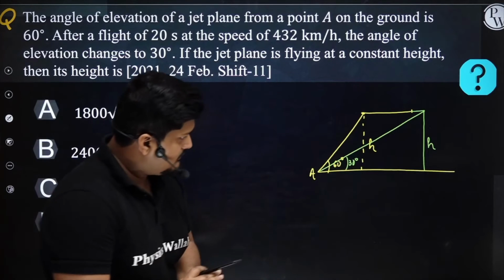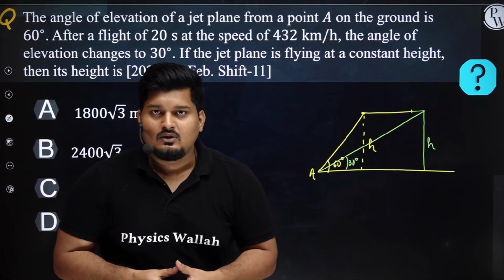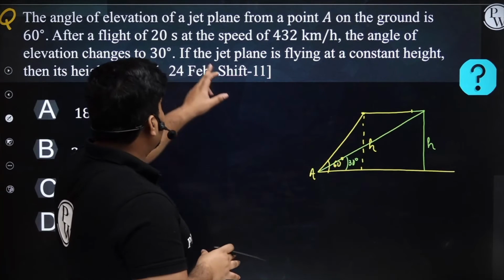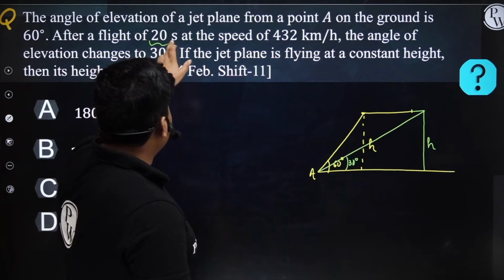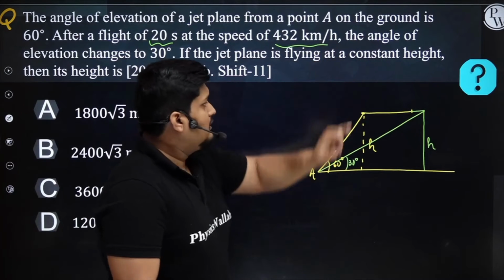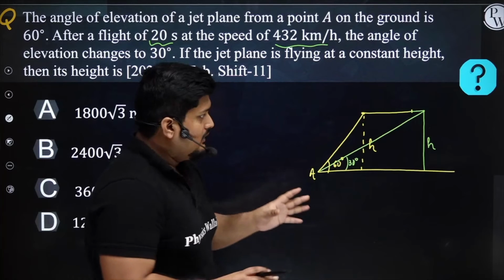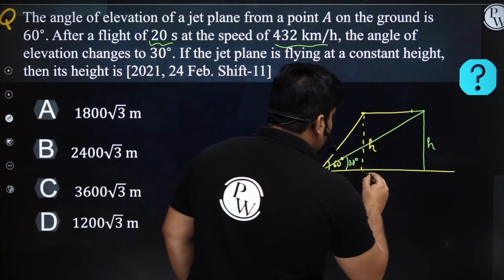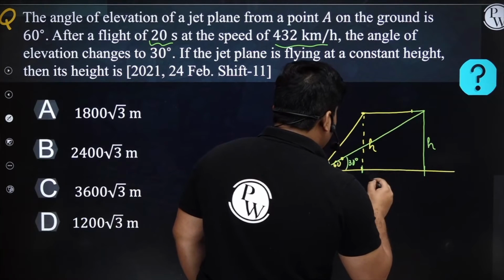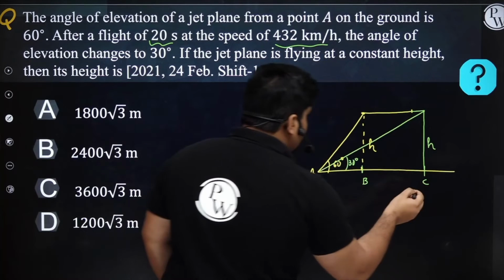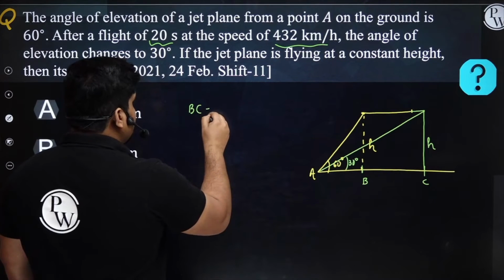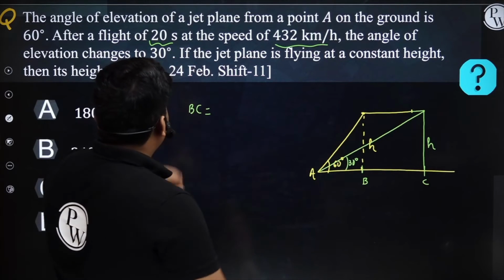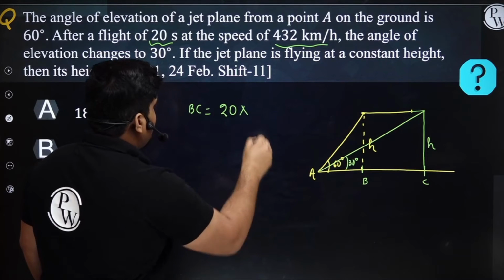See, they have given the flight of 20 seconds, and the speed is also given, 432 km per hour. So this distance we can find out. Suppose this is BC. So distance BC will be equal to time multiplied by velocity.